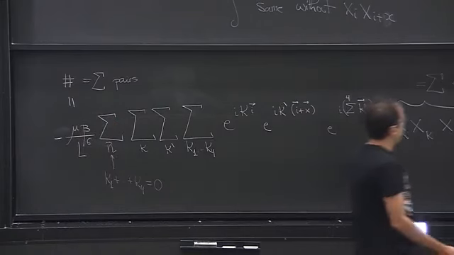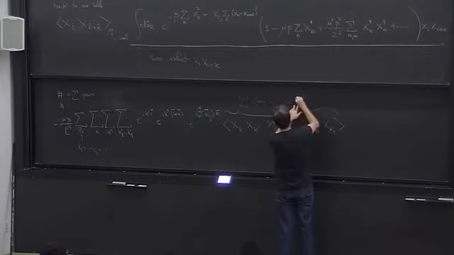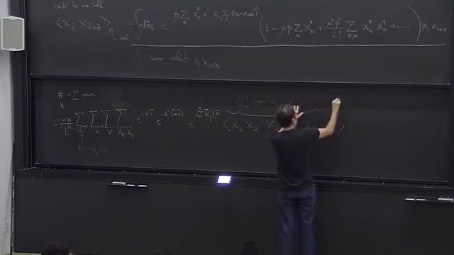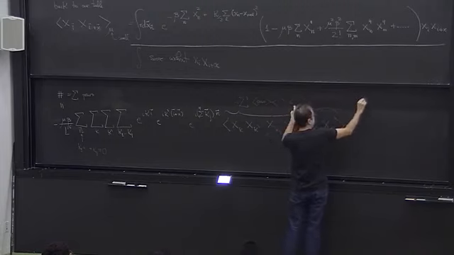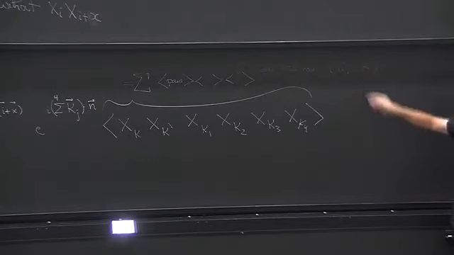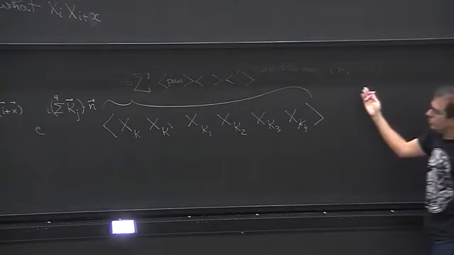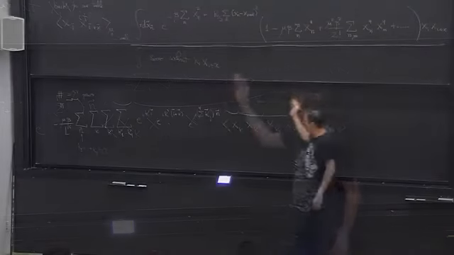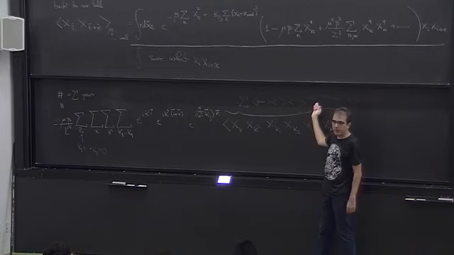Now, in each pair here, we have 0 total momentum. Right? In each pair, we have k and minus k. Whatever is the momentum of the first guy, the second one needs to be minus k. We said these were diagonal. So in total, we have 0 momenta, because we have 0 momenta for each pair. Right?